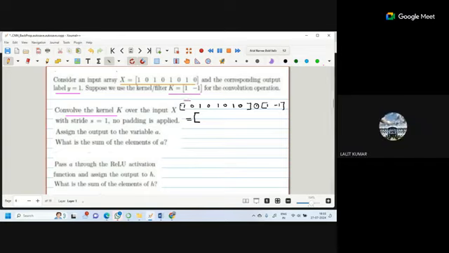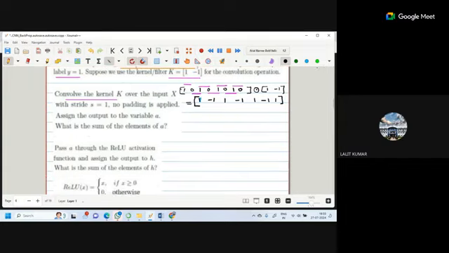So first this, then this, then this, then this. 1 into 1 plus 0, then 0 minus 1, so it will be -1, right? So 1, -1, 1, -1, 1, -1, and 1.